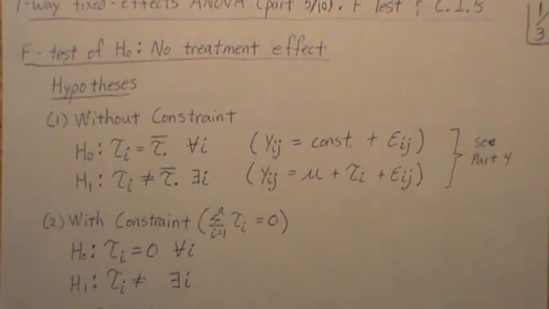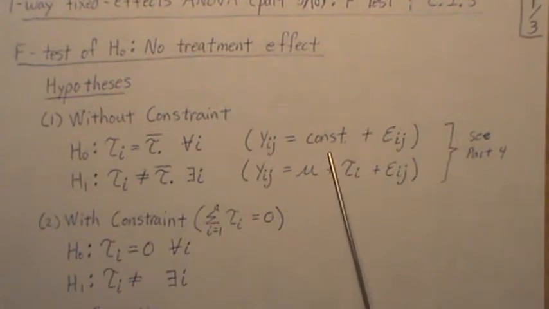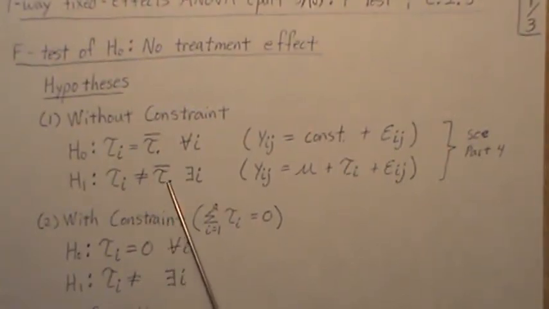This is for all i. Essentially that boils down to our model looking like y equal to some constant plus error. See part 4 for more details. Versus they're not all equal to a constant, so there is a treatment effect.